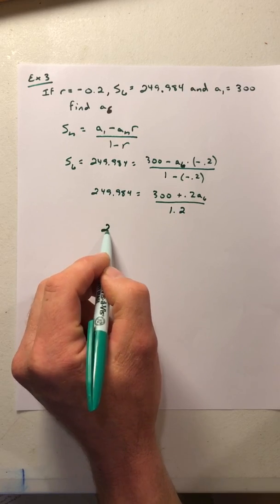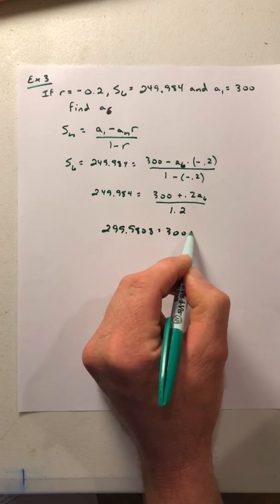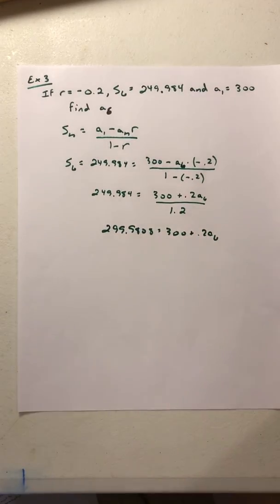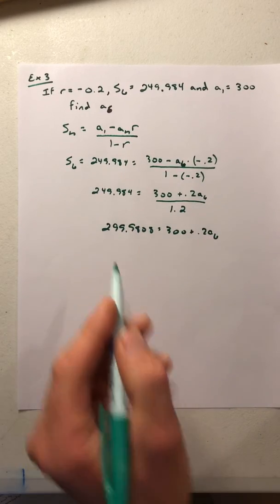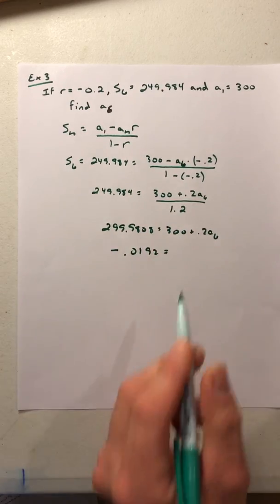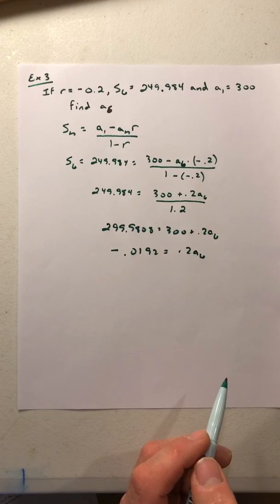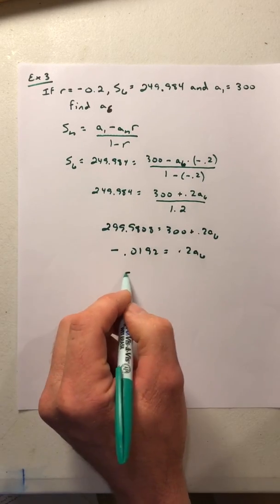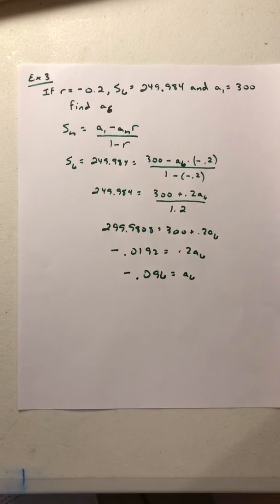That gives us 299.9808, which is going to equal 300 plus 2/10 a sub 6. I'm going to subtract that 300 over. So I get negative 0.192, and that's going to equal 0.2 a sub 6. Divide by my 0.2, my 2/10, and I get negative 0.96 equals a sub 6. And that's going to give me my 6th term in this series.